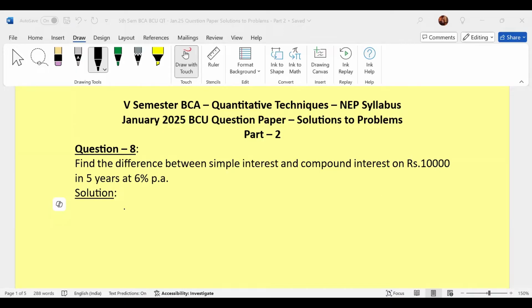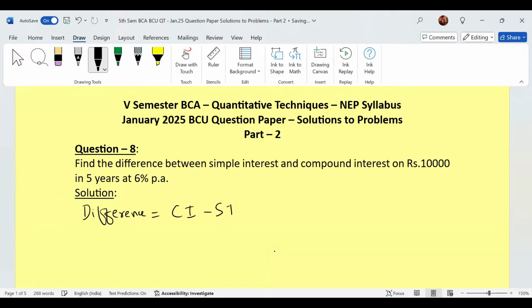Find the difference between simple interest and compound interest on rupees 10,000 in 5 years at 6% per annum. We are supposed to find the difference. So, difference between compound interest and simple interest, because compound interest will generally give you higher amount.